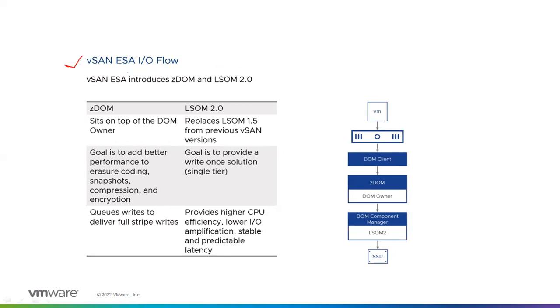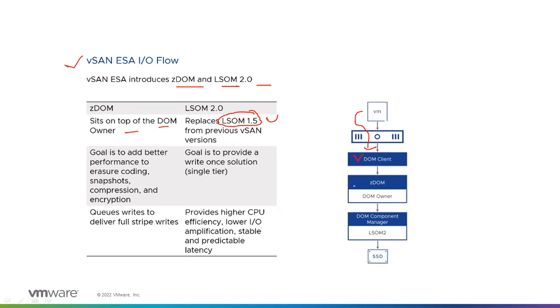Okay, so IO flow: vSAN introduced the ZDOM and LSOM architecture. It sits on top of the DOM owner, and replaces the previously known architecture for distributing the data. So whenever my data is written by the VM, it's received by an internal component of vSAN, right?